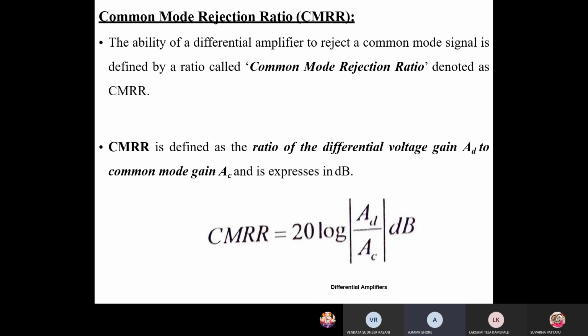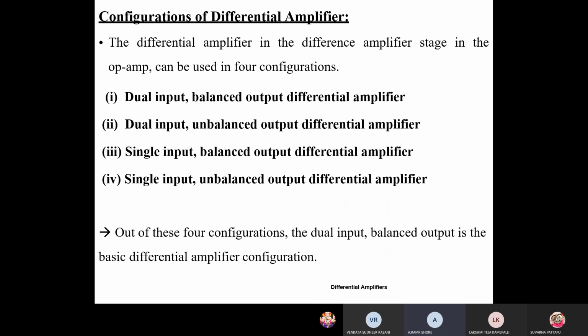So these are the three modes in which the differential amplifier will operate. Here we have the types of differential amplifiers. We have 4 types of differential amplifiers. The op amp differential amplifier can be used in 4 configurations.